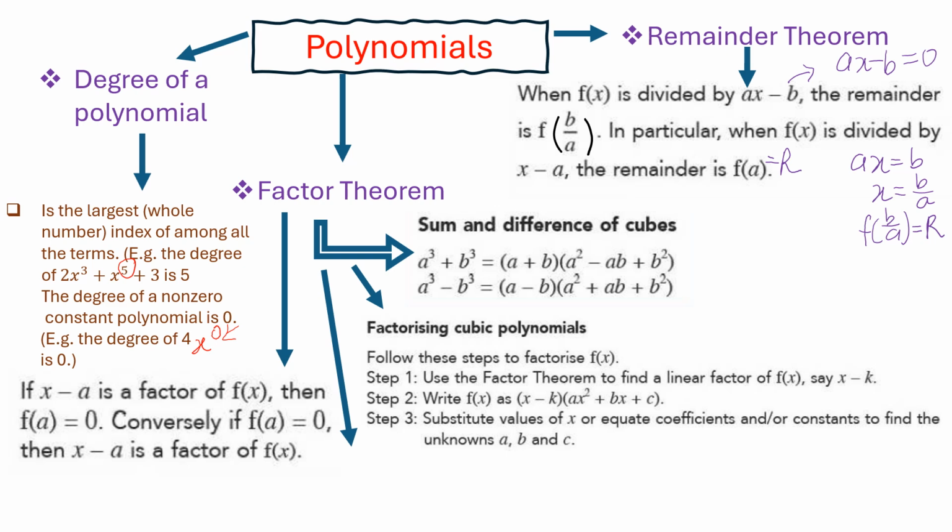Basically, for step 1, we usually use the calculator to help us find one value of x that satisfies the polynomial equation, and then we convert it into a linear factor. And then for step 2, we write it as a linear factor multiplied with a quadratic factor, and we find all the unknowns a, b, and c.